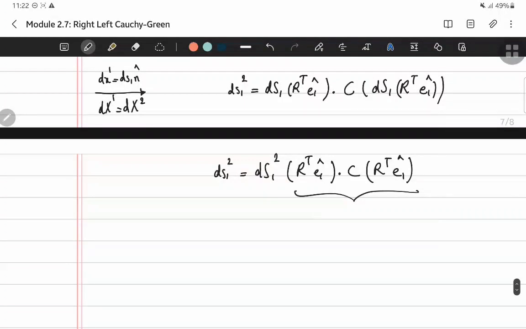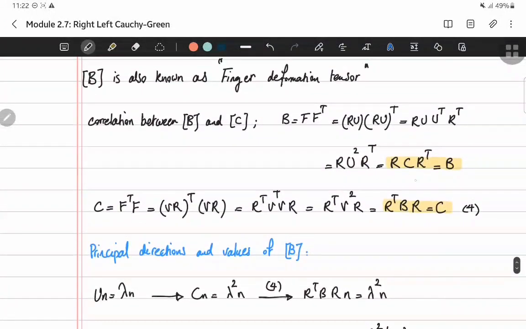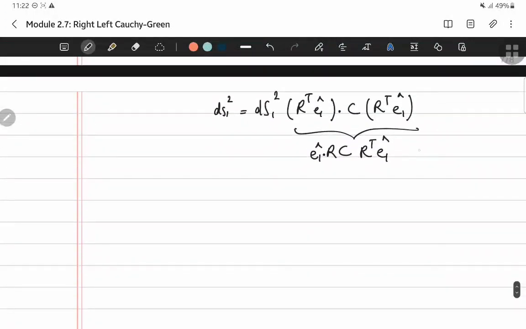And I can write this as E1 dot R C R transpose E1. So I have R C R transpose, and R C R transpose is nothing but B. So from 5, I can write this as ds1 squared equals d capital S1 squared times E1 dot B E1.